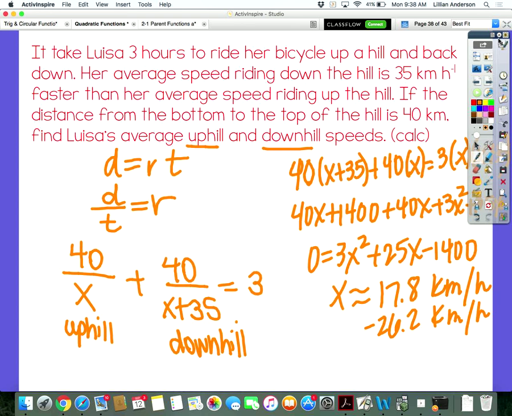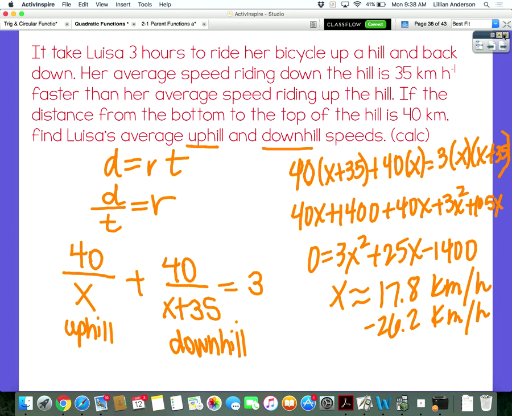So it took her 17.8 kilometers to ride which way? Uphill. That negative 26.2, you can't have that. That means something completely different than going uphill. So 17.8 kilometers per hour is her speed going uphill.